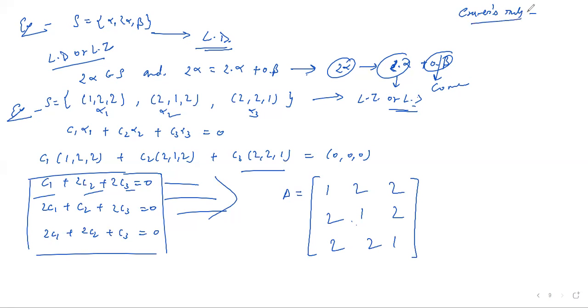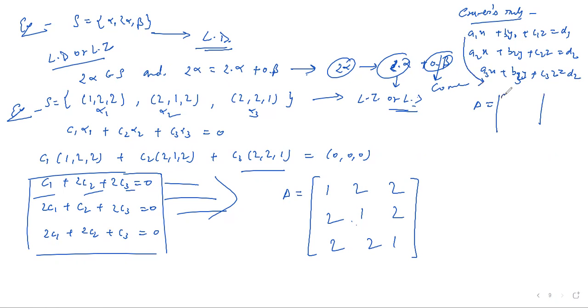This would be the simplest way of solving here, because from Cramer's rule we know that if I have a set of equations a1x plus b1y plus c1z equals d1, another equation a2x plus b2y plus c2z equals d2, and a3x plus b3y plus c3z equals d3, then according to Cramer's rule, we take the determinant of A, which is made of A1, A2, A3, B1, B2, B3, C1, C2, C3.